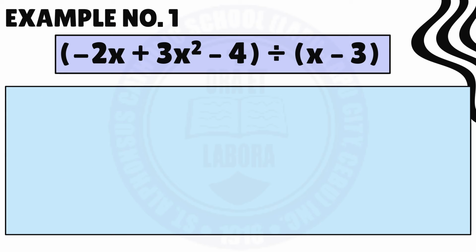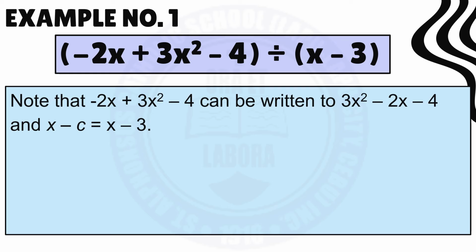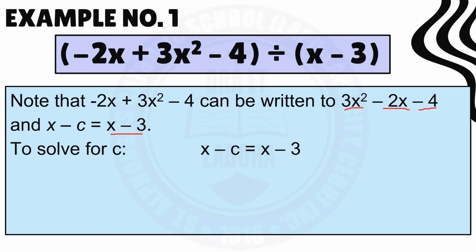First example, negative 2x plus 3x squared minus 4 divided by x minus 3. You have to take note that the polynomial should be written in standard form. So we have here 3x squared minus 2x minus 4. And we also have to look for x minus c, which is our divisor, that is equal to x minus 3. After which, we have to solve for c.